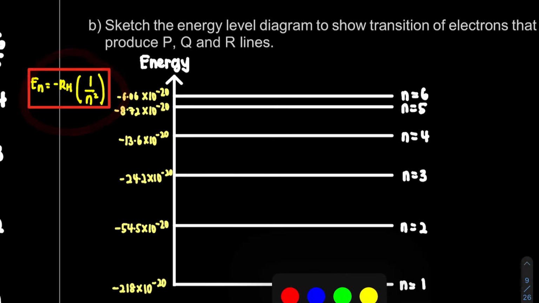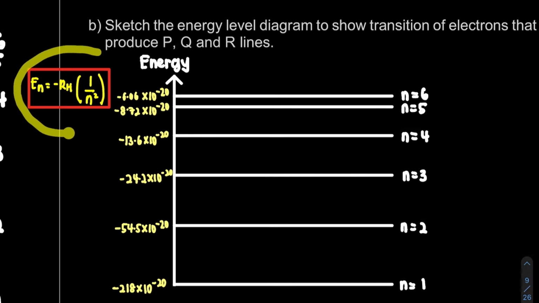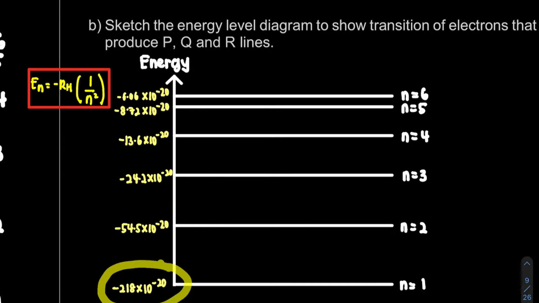The first ever formula that we have learned in this chapter 2 is En equal to RH 1 over n squared. Okay, so when I substitute this value, my value will become negative 218 exponent negative 20. Okay, so yang ni paling bawah dia sekali lah. Sebab dia negatif kan, negative 218.